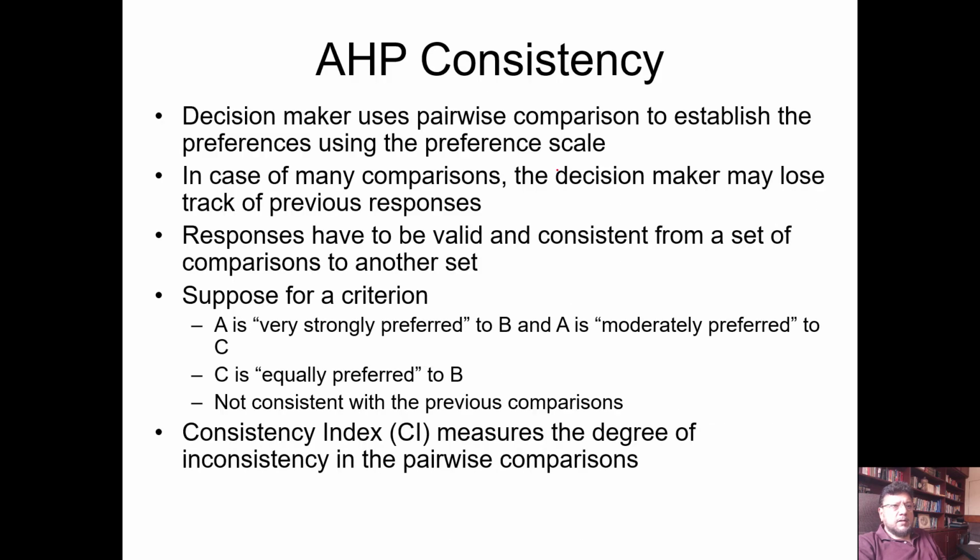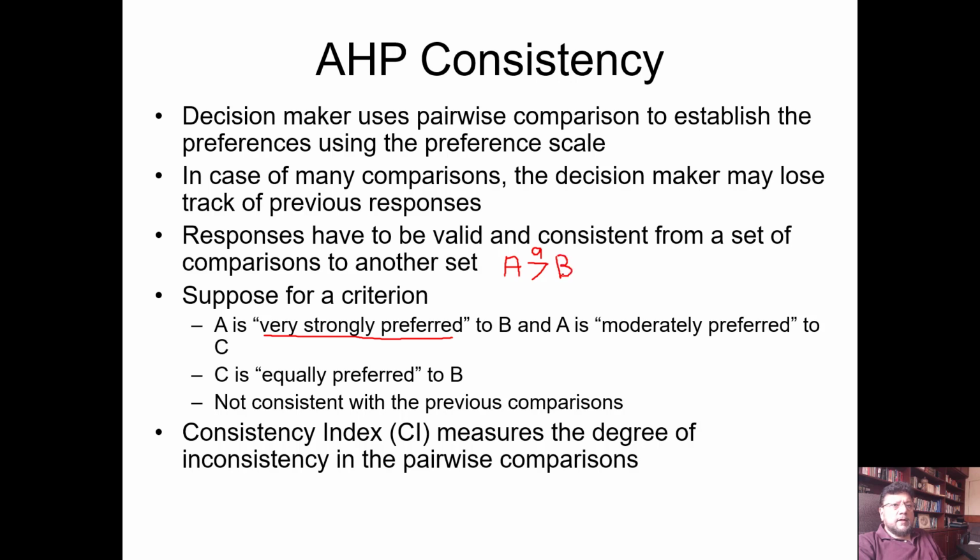By that, what I mean is, let's take an example of consistency. Let's suppose we were comparing three items. We're comparing A versus B, and we find that A has a strong preference to B. So we would say A has a very strong preference, could be, let's say, a 9 or a 7. Let's assume that it was a 9.